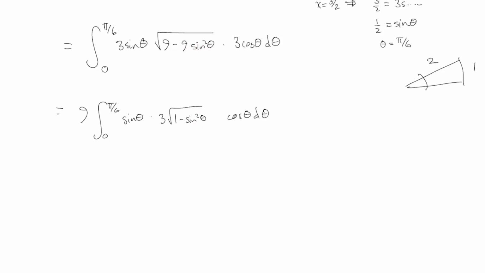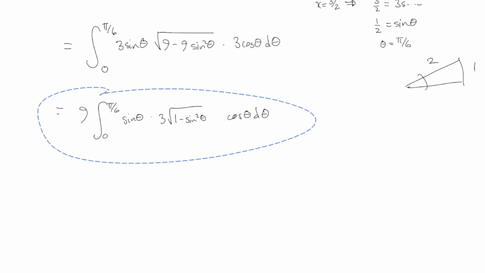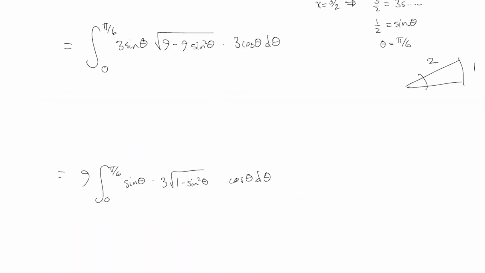Yeah. Is the 3 on the outside of the square root from the 3 cosine theta? It's from this 9. So maybe I should have put an extra step, just to clarify. I kind of did 2 things at once there. This 9 out here came from that 3 and also that 3 becomes the 9. They're all multiplied in there, so they factor out.